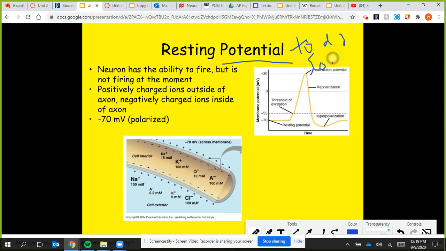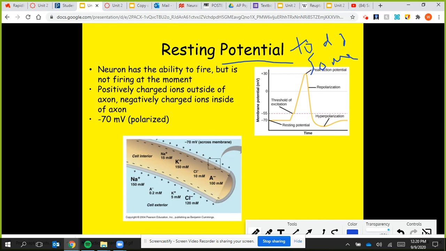Just like if you're sitting on the couch, you're resting, but you always have the potential to do something, though you're not doing anything. We can talk about this with, let's say, motor neurons while you're sleeping. While you're sleeping, you don't move a whole lot. So most of those motor neurons just have resting potential. They're just hanging out. They're not doing anything.